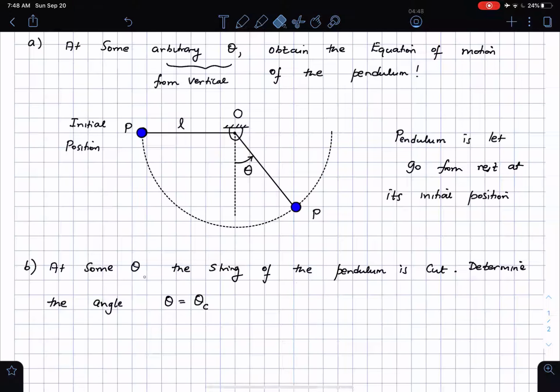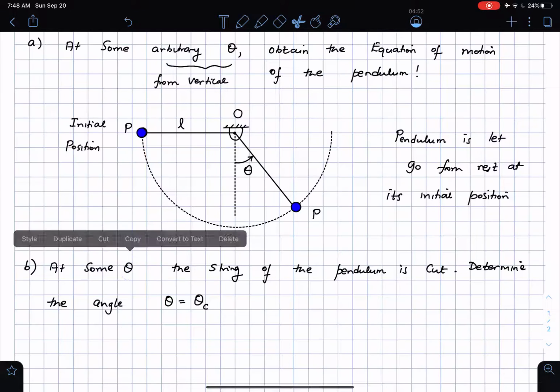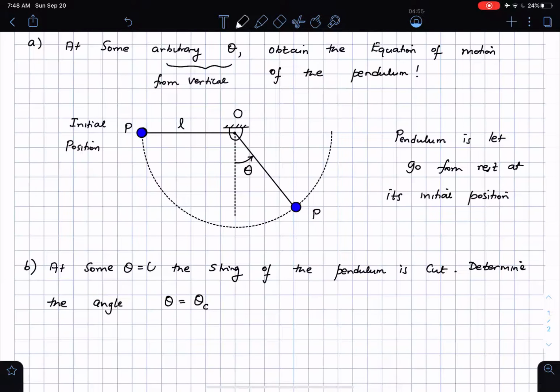Let's write it down here as well. Let me bring this guy here. So at some theta equal to theta c, the string of the pendulum is cut.